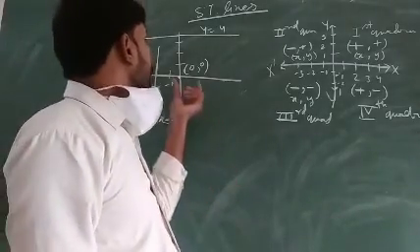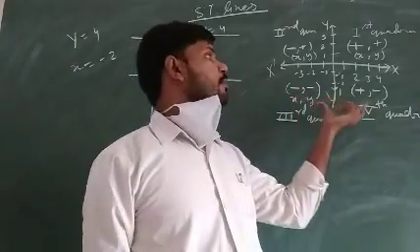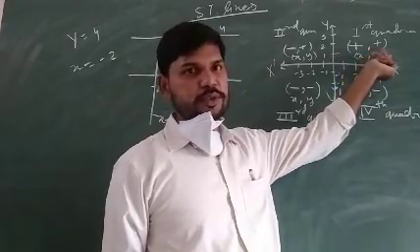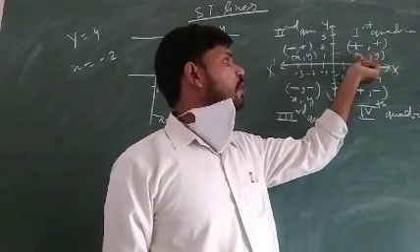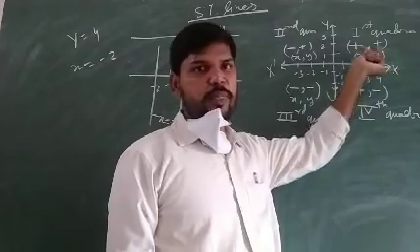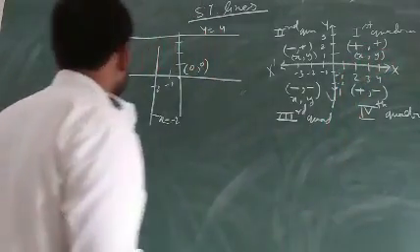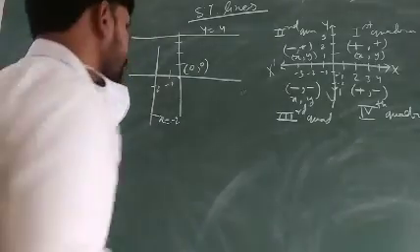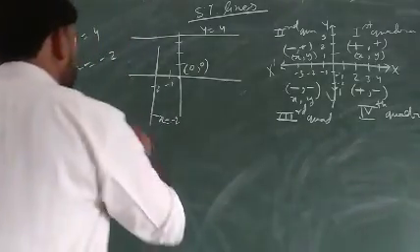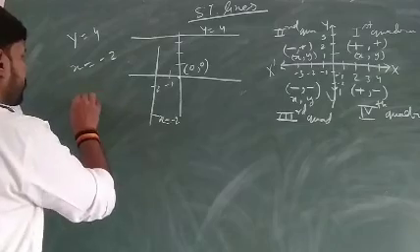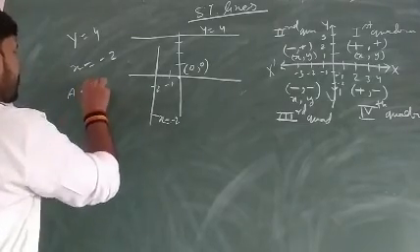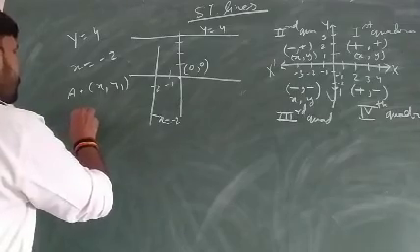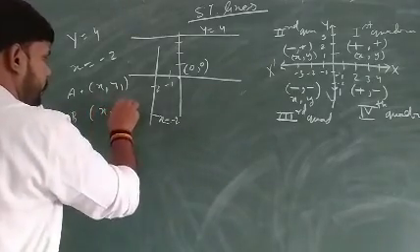In the above sequence you can remember that the x term is called the abscissa and the y term is called the ordinate. The x1 is called abscissa and the y1 is called ordinate. Now we will see some more things, such as the distance formula you have seen. Suppose a point A is x1 comma y1 and a point B is x2 comma y2.